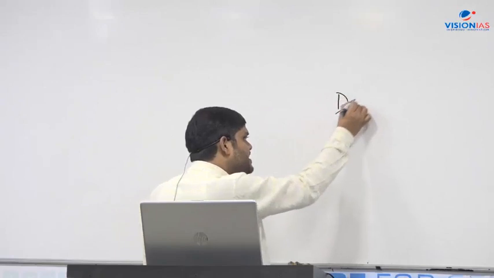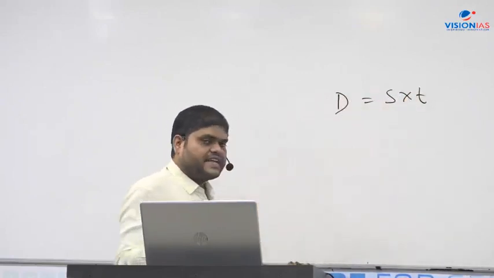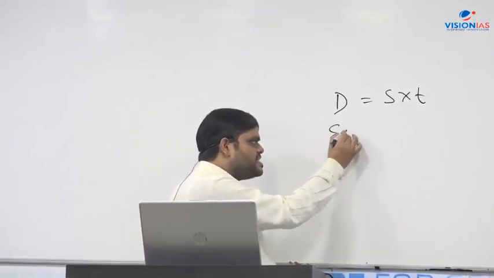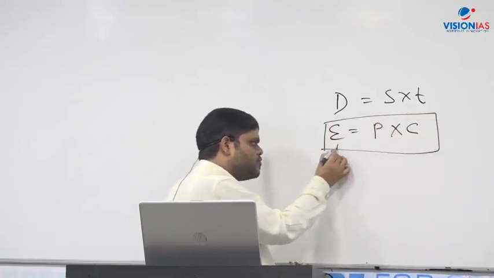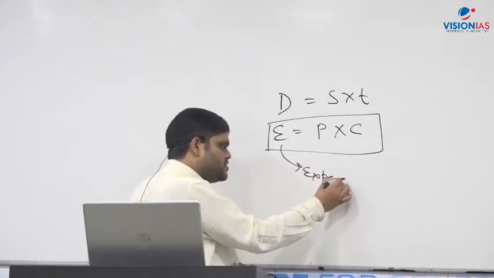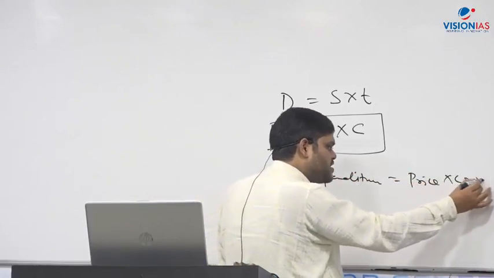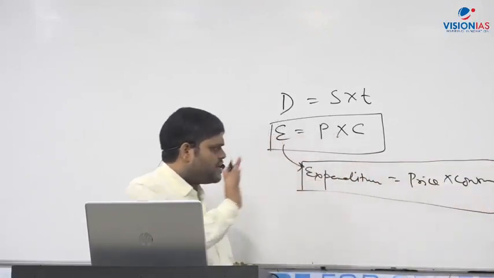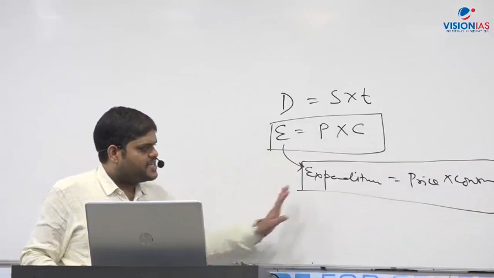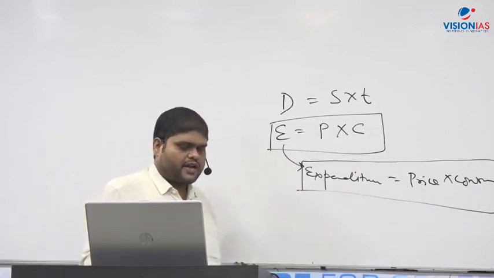Yesterday we were doing D = S × T, and we also took the example expenditure = price × consumption. This formula is very important, because this is where the question is coming. This is the most important one.